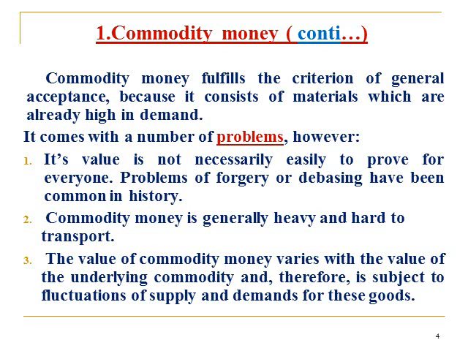The problem number 3, the value of commodity money varies with the value of the underlying commodity and therefore is subject to fluctuations of supply and demand for these goods. Now we move to slide number 5.